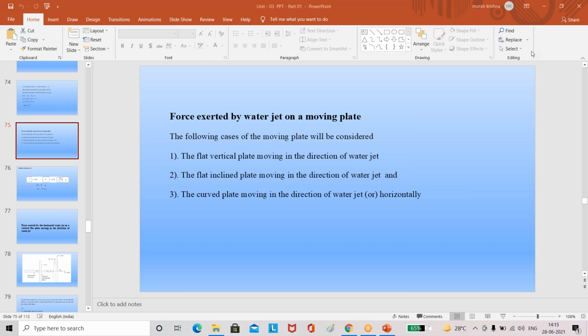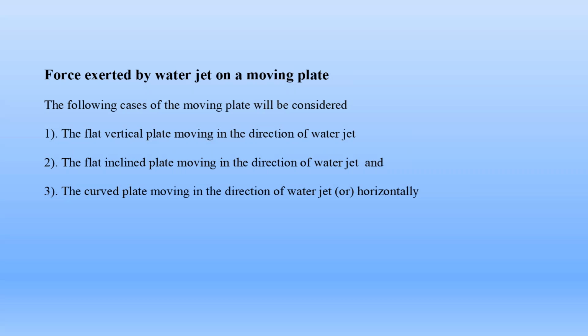On the PPT, in your cell phone screens, I listed the number of conditions we have when the plate is in moving condition. So please go through those conditions in moving plate. The first one, the moving plate is a flat plate. It is a vertical moving flat plate in the direction of water jet.